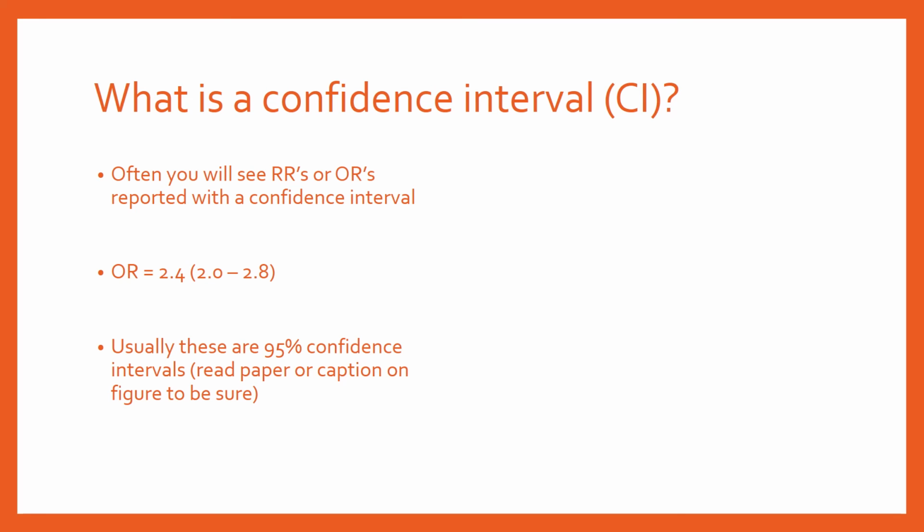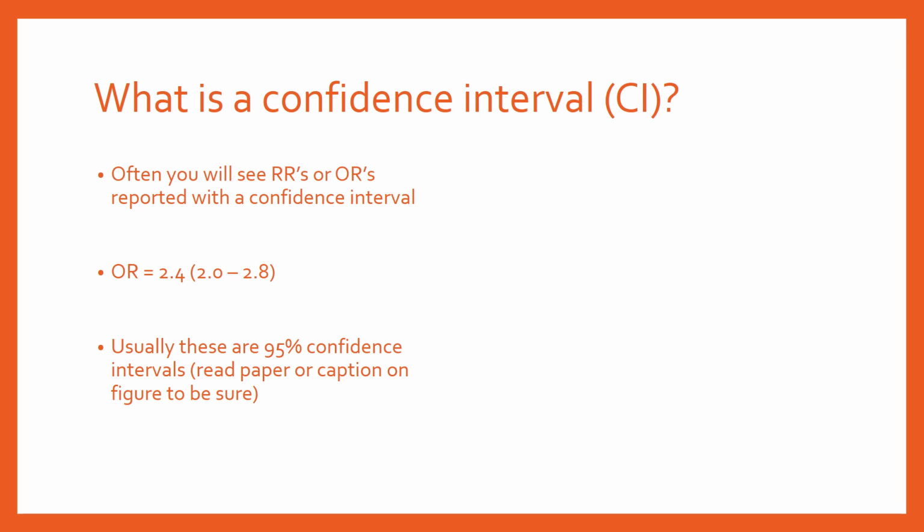One more thing that I want to mention is that you'll often see confidence intervals with relative risks or odds ratios. This can be a little confusing because it's abbreviated CI, just like cumulative incidence. But as you see on the second bullet point on the screen, it will almost always be set up this way. It will say OR or RR equals the odds ratio, then we'll have parentheses with a range.